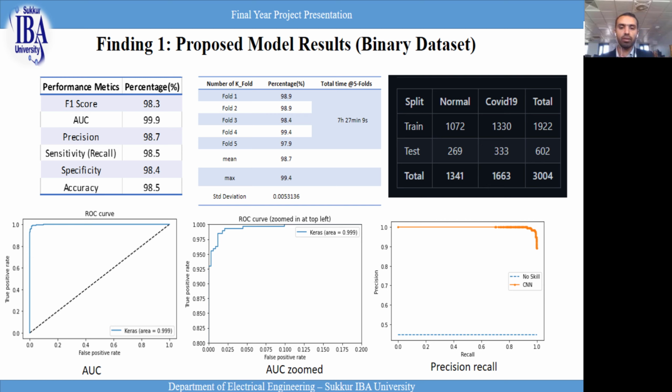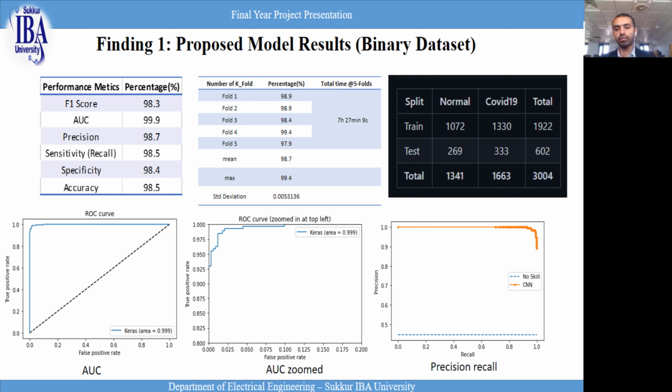We have gone up to 5 folds, and the total time taken for 5 folds is 7 hours and 27 minutes. We have trained this model on Google Colab, and the maximum fold accuracy is 99.4, and the average accuracy is 98.7.